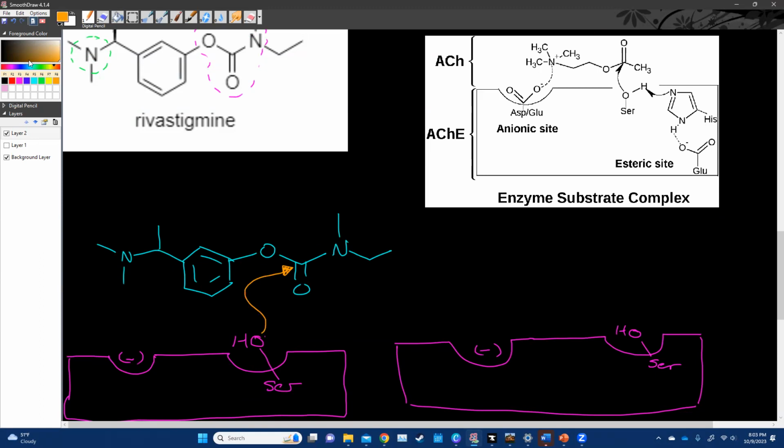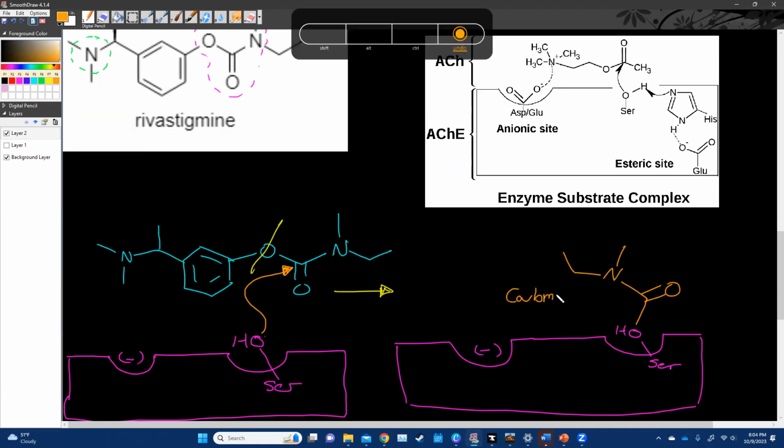So we're going to cleave the drug in half. But the result is you have a serine that is permanently attached to that carbamate portion. And what we call this is a carbamylated acetylcholinesterase.